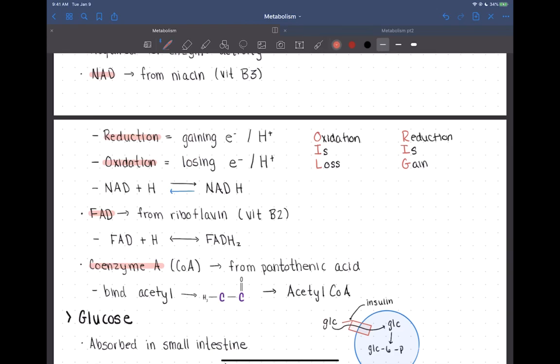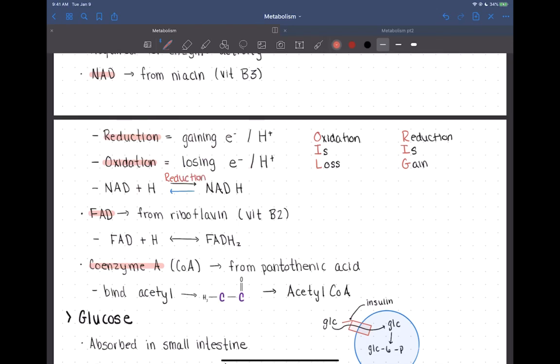Okay, so our example with NAD, what it can do is it can pick up a hydrogen. So if we take NAD and have it bind to a hydrogen, it becomes NADH. Okay, so going to the right, because this reaction can go either way. All right, so going to the right, taking NAD, adding an H to it, and making it into NADH is going to be a reduction reaction.